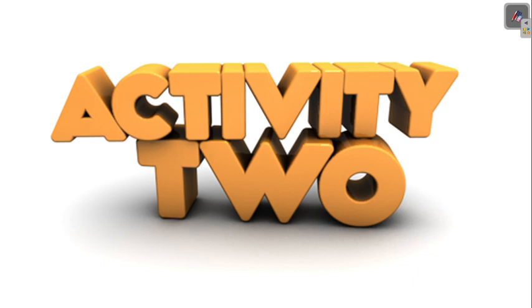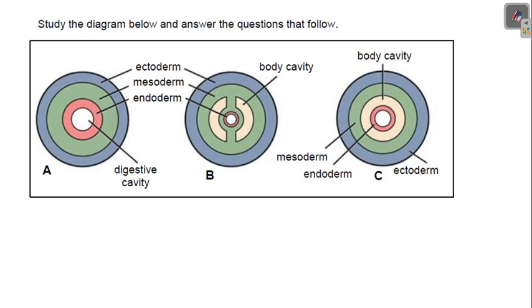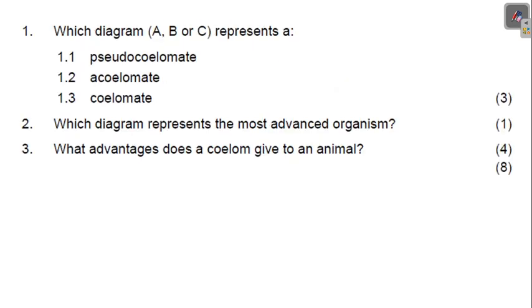Activity 2. Let's get into it. Study the diagrams below and answer the questions that follow. 1. Which diagram, A, B, or C, represents a coelomate and a pseudocoelomate? Number 2.